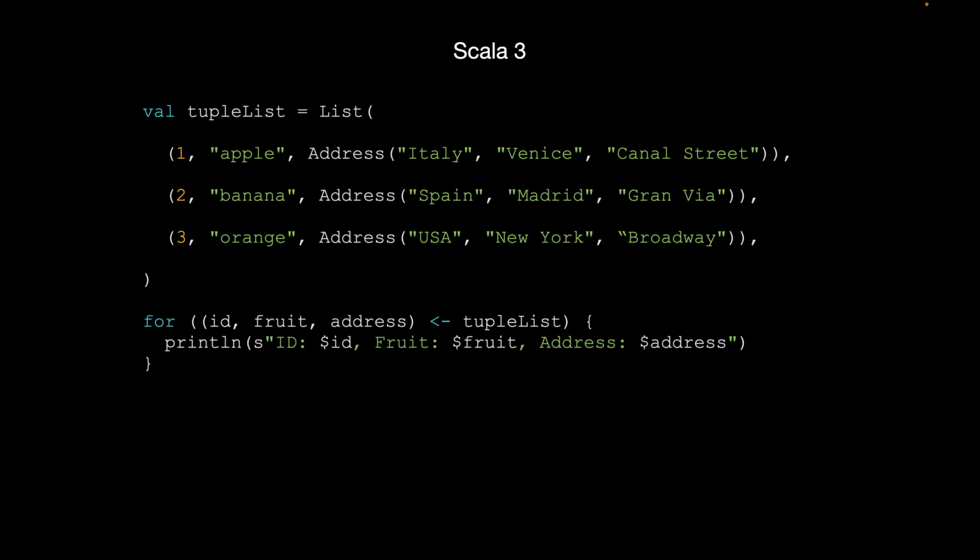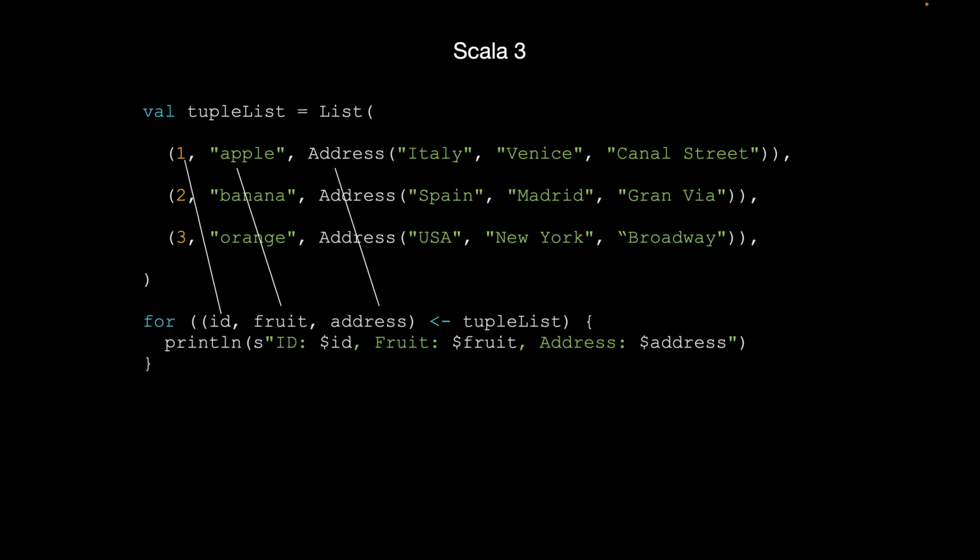Tuples have the same structure, and then at the very bottom we can see a for loop with pattern matching to destructure these tuples. We take this tuple list, and one by one we destructure the tuple and then print to the console.